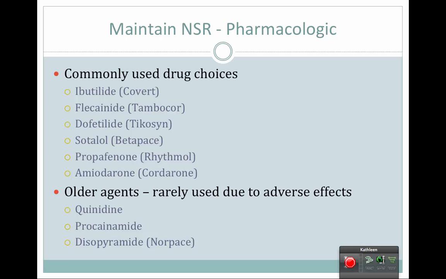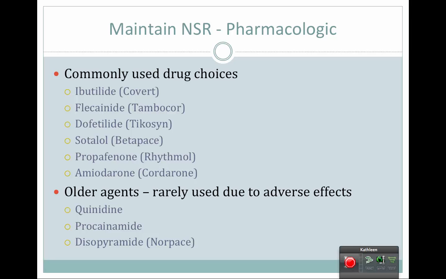And these are commonly used drugs: Cordarone, flecainide, Tikosyn, Betapace, Rythmol, amiodarone. These are medications commonly used for cardioversion.